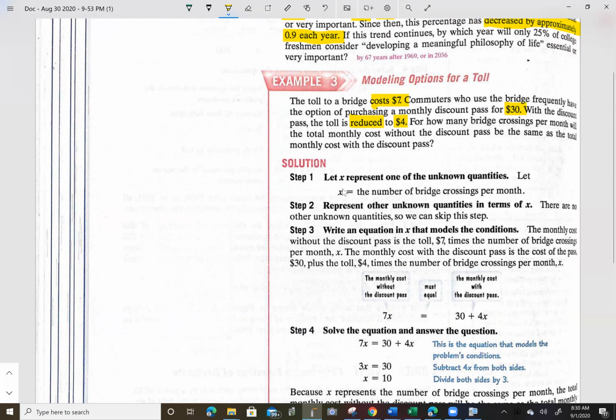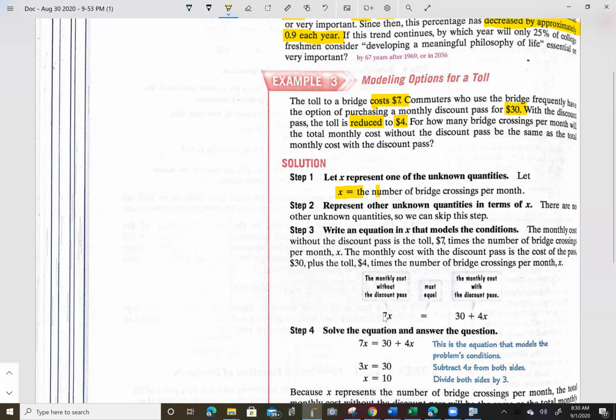So they're saying x is equal to the number of bridge crossings per month, okay, since that's how you pay for the toll. Represent other unknown quantities in terms of x. There's no other unknown quantities. Write an equation in x that models this condition. So they're adding it to the other side instead of subtracting it.